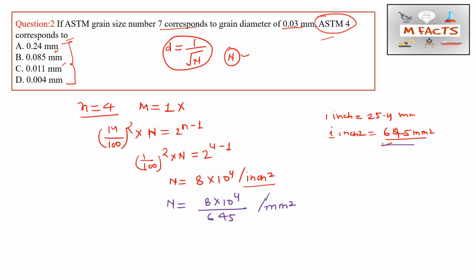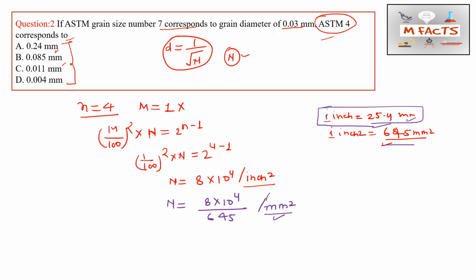You can change to any unit by knowing its equivalent in inches square. You can also change it to centimeters or meters, but they will not ask in centimeters or meters, that is a very big unit. Grains are not that long, so they will calculate in mm or inches.